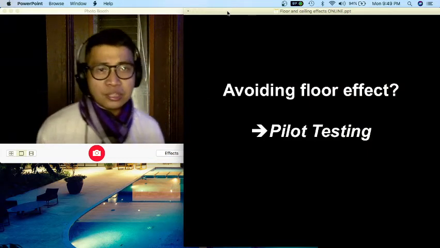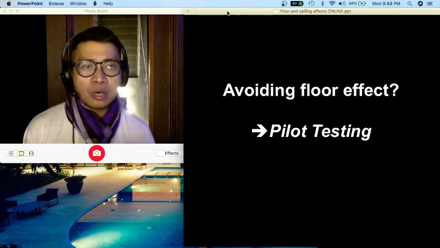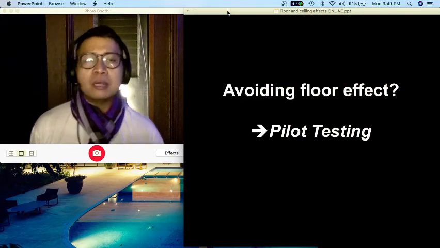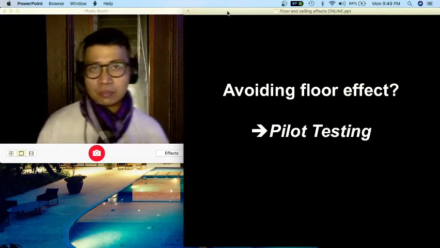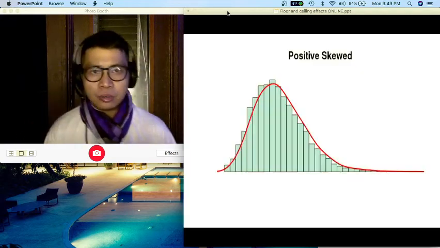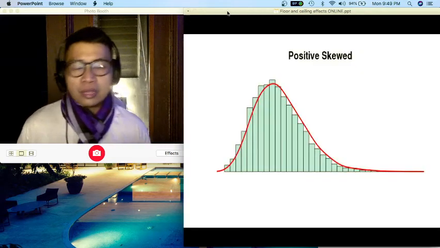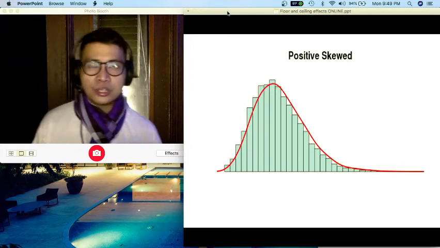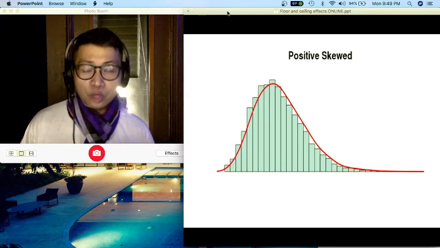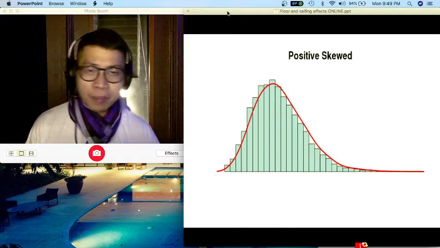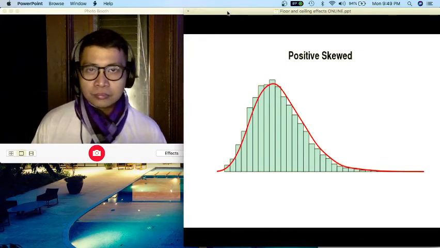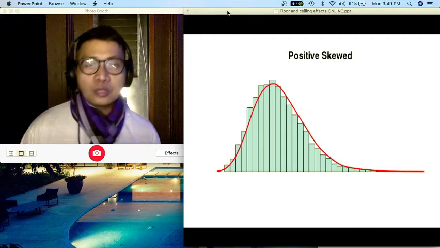So, just like in ceiling effect, ano ang dapat mong gawin para maiwasan ang floor effect? Ipapilot test mo na naman yung instrument mo o yung task na ipapagawa mo in the experiment. And then after you do that, you collect the scores and then you find out kung yung mga scores ba na nakuha mo from your pilot test assumes the shape of the normal curve.